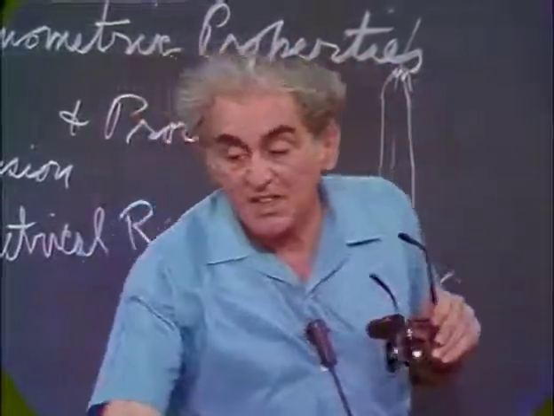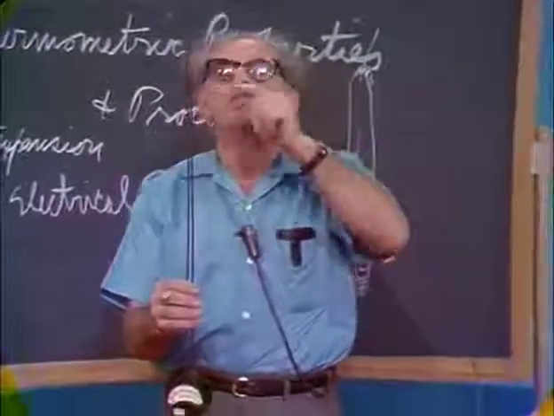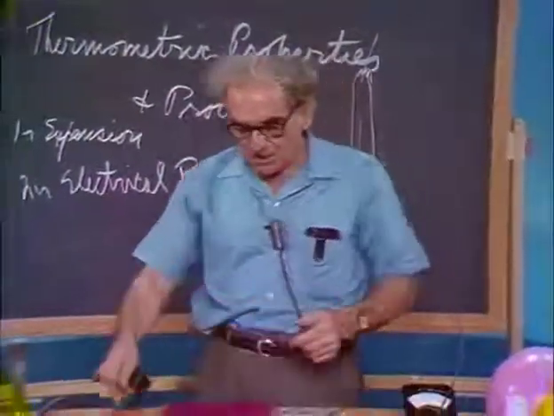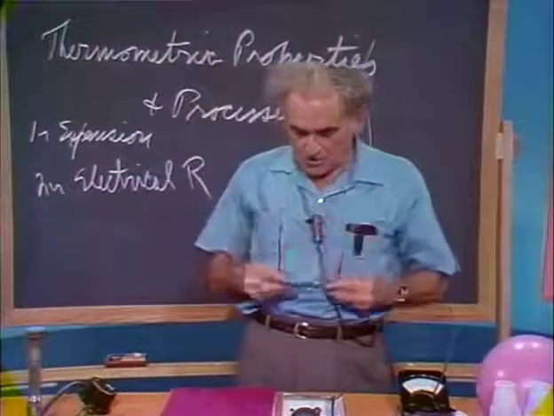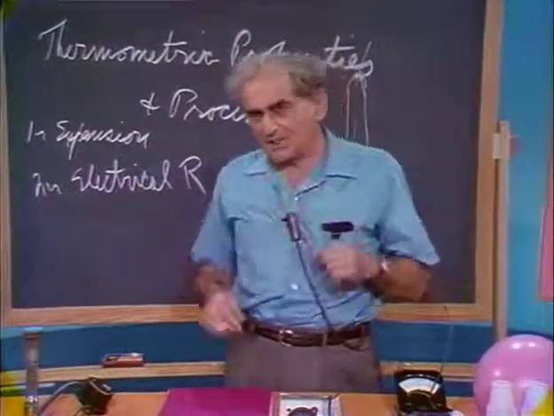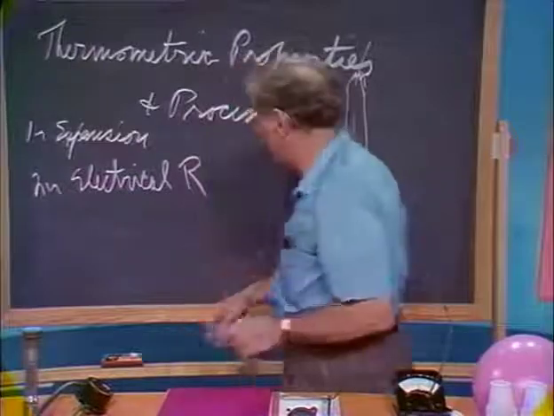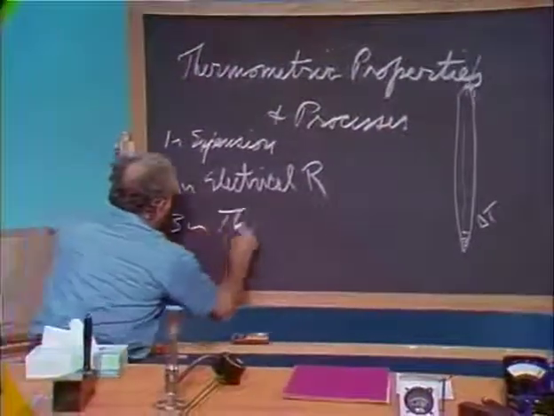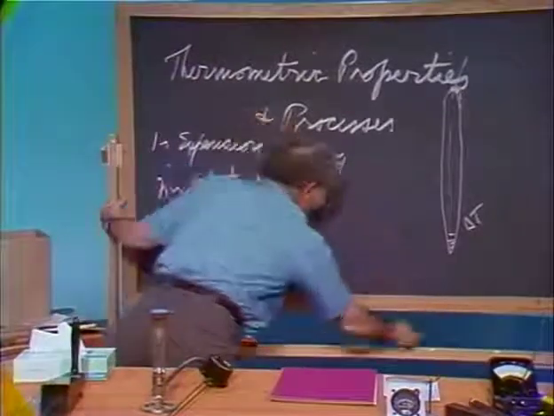So, the point I wanted to make is that this junction got red as the temperature got higher. So, I'm prepared to tell you that color is a thermometric property. Number 3 is thermoelectric. Number 4 is color.